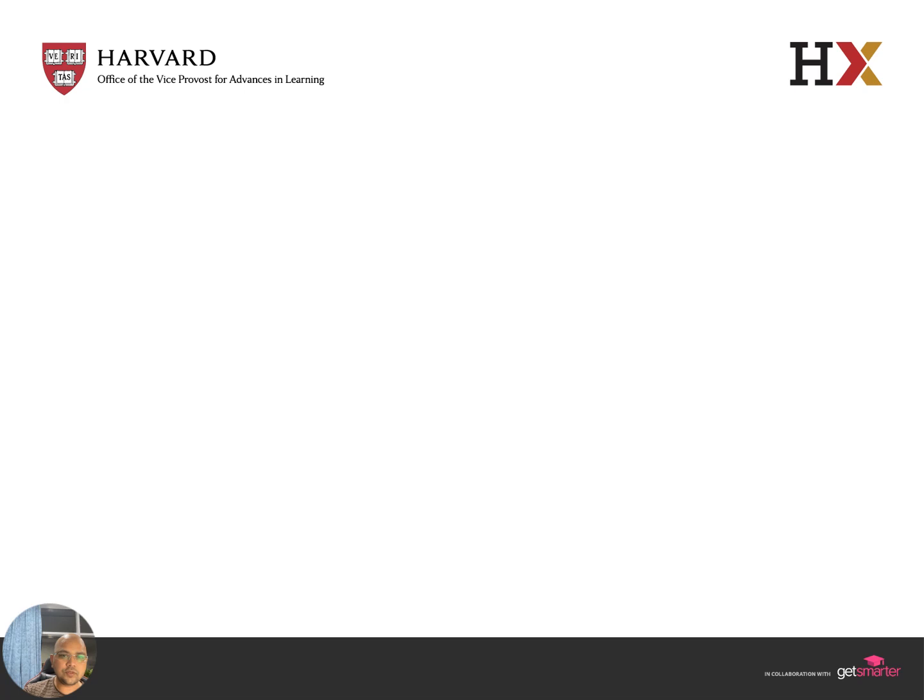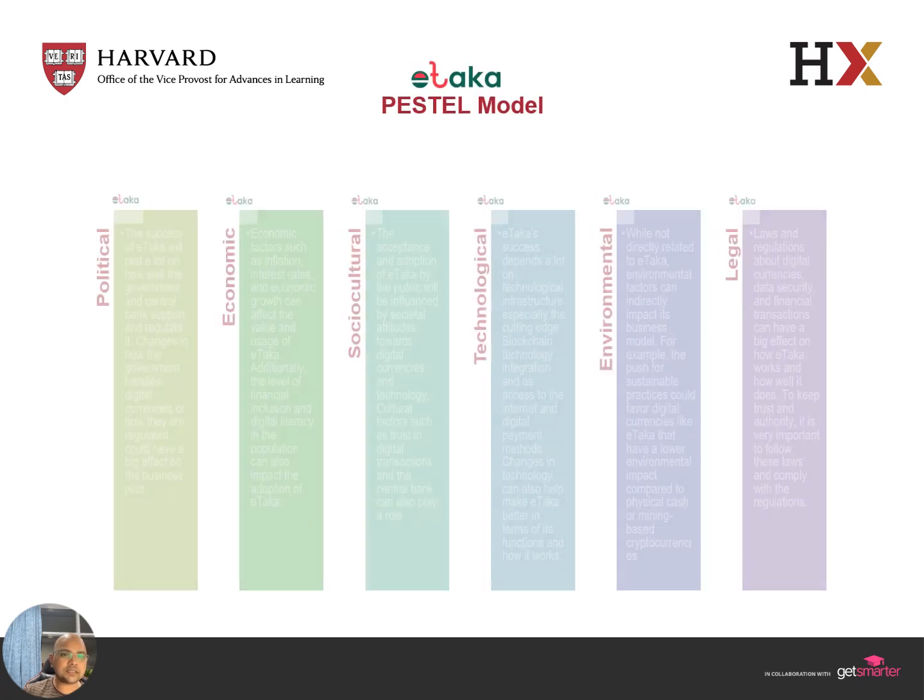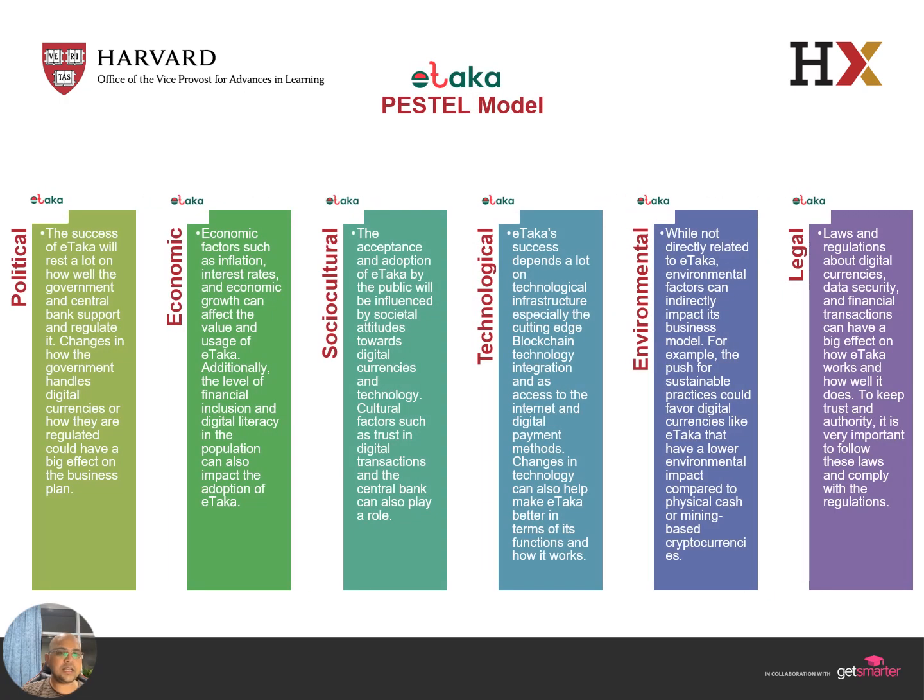Now we move to the next, the PESTEL model: the political, economic, socio-culture, technological, environmental, and legal. Political is the regulatory body, we mean. Economic, yes, it will create the balance now because everything is accountable. Socio-culture, it will affect the trust on the digital things.